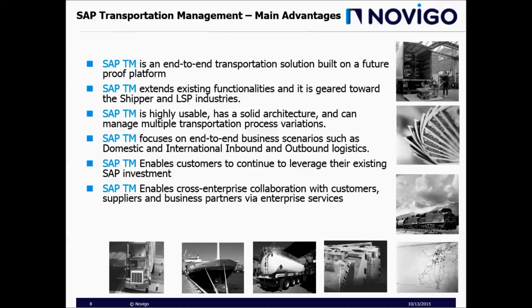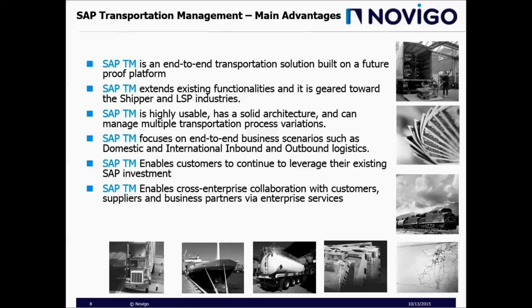Let's talk about some SAP TM's advantages. SAP TM is an end-to-end transportation solution built on a future-proof platform. SAP TM extends existing functionalities and it is geared toward the shipper and LSP industries. SAP TM is highly usable, has a solid architecture, and can manage multiple transportation process variations.